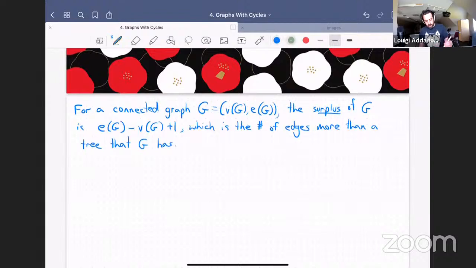A tree has one fewer edges than vertices, and so this number is 0 for a tree.